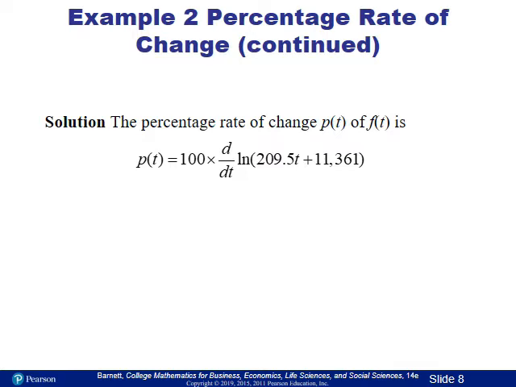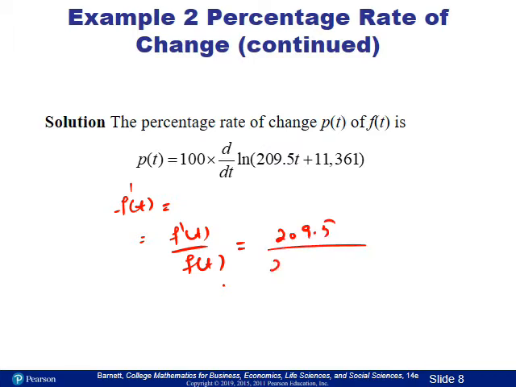So if you take its derivative, f dash of t is 209.5, and now we divide it: f dash of t over f of t is 209.5 over 209.5t plus 11361.